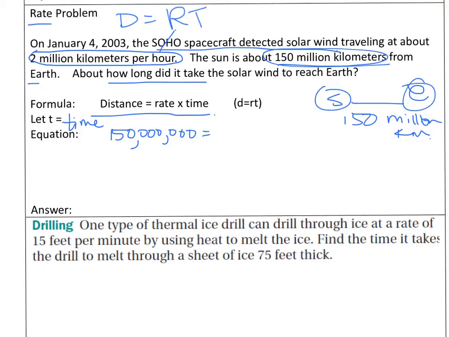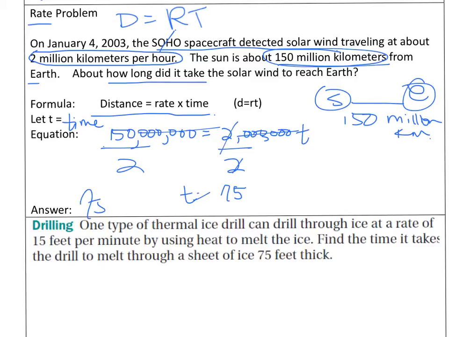Rate is 2 million kilometers per hour. And times t. And we can cancel out the 6 zeros, and 150 divided by 2 would give you 75. Therefore, it's 75 hours.